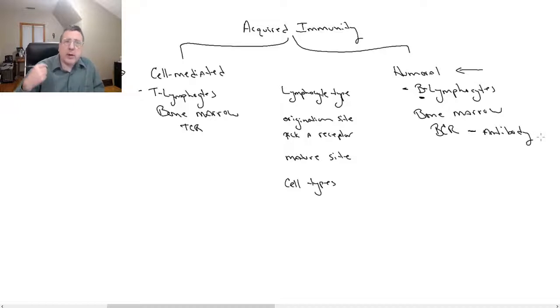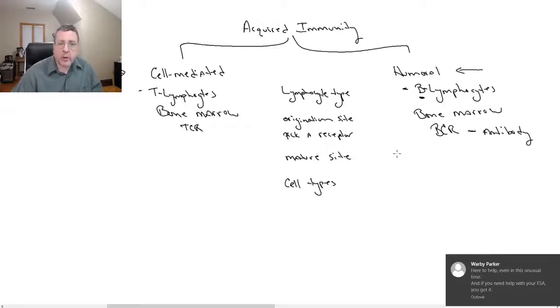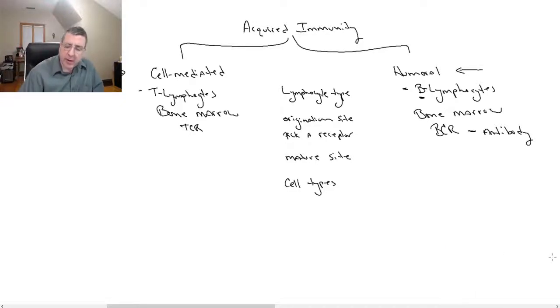At this point, they leave the bone marrow and they have to go and mature. Now, we've talked about this in previous classes. The maturing site, or where they get educated, for the B cells is going to be the bone marrow as well, and for the T cells, that's going to be the thymus.